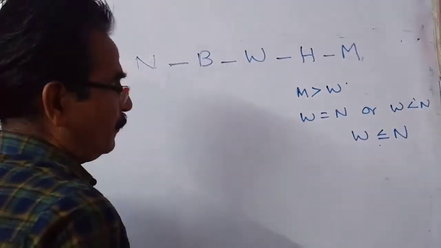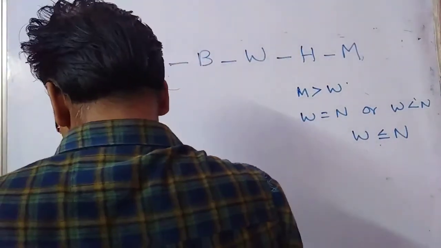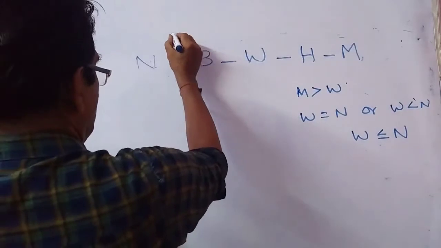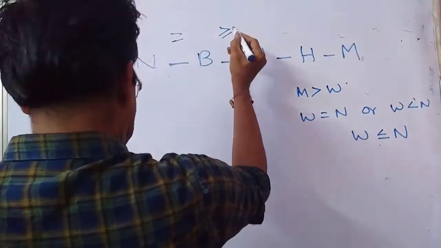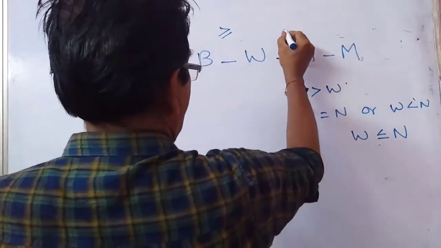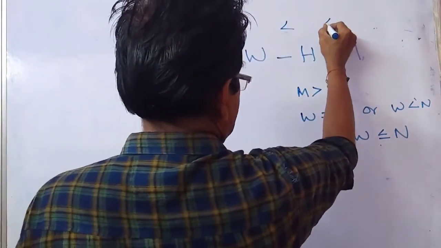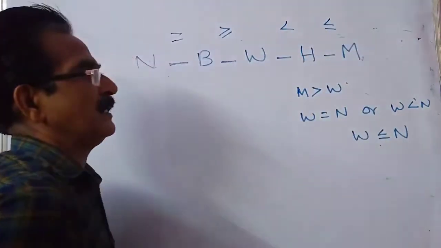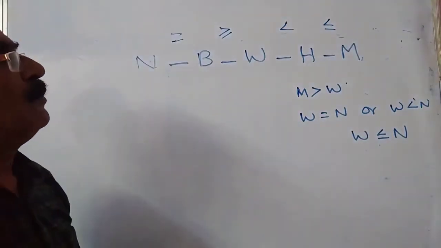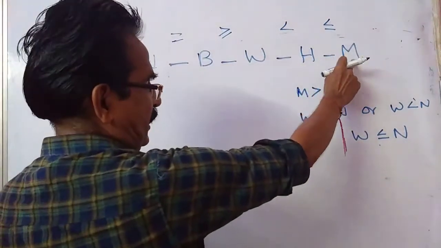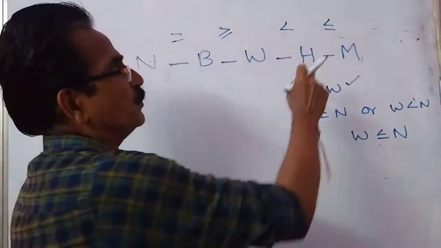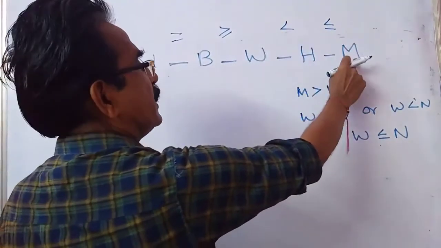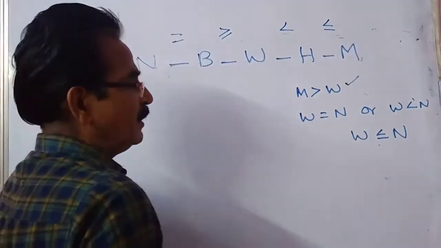Now let us see. Probably the fifth option must be correct. Equal to, greater than or equal to, less than or equal to. Now M greater than W is true. Greater than or equal to, greater than. So M greater than W is true.